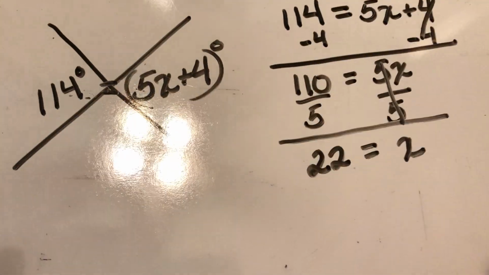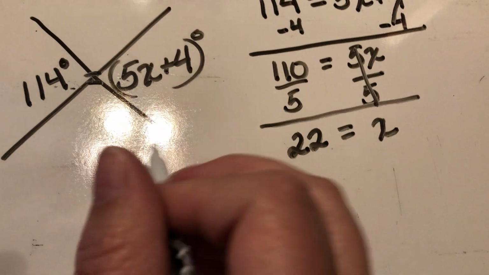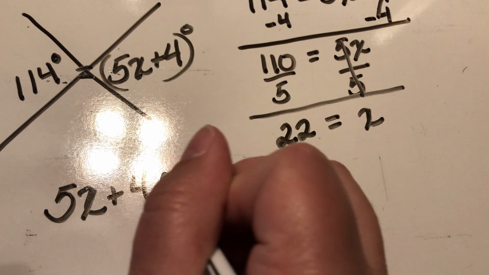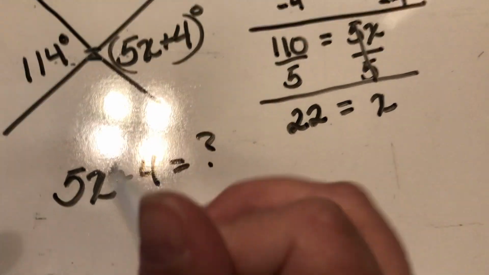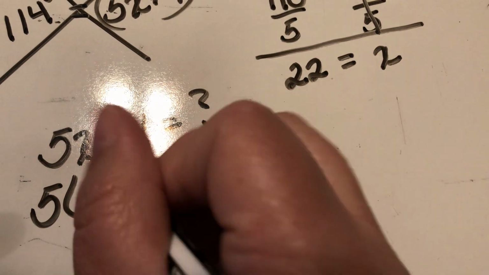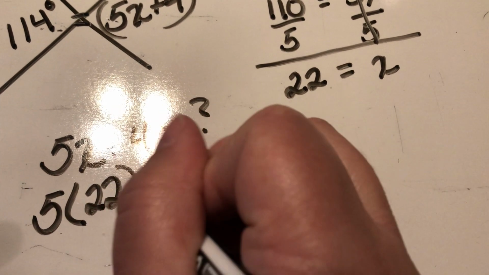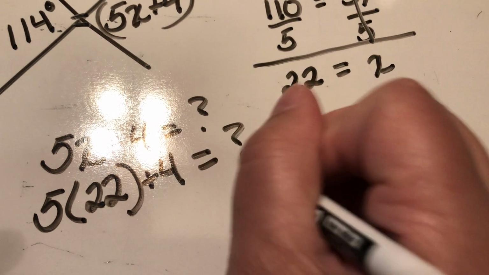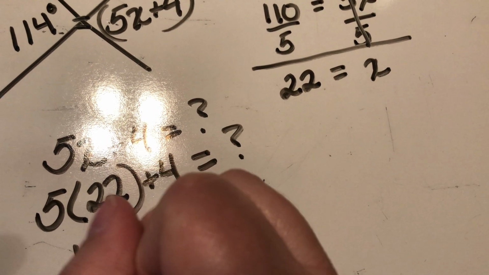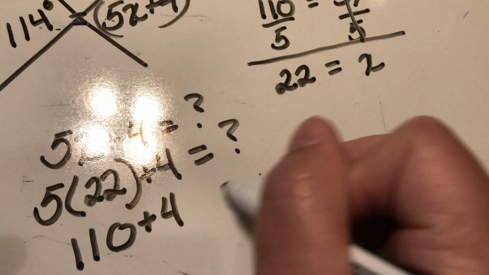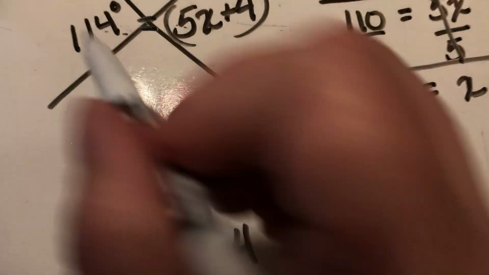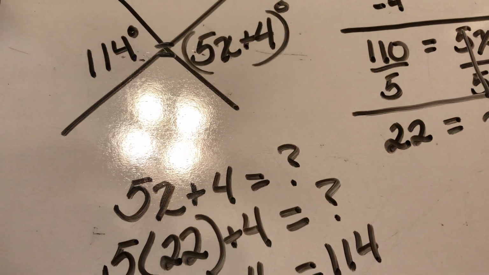Now I need to find out, what does 5x plus 4 equal? So I'm going to substitute for x. 5 times 22 plus 4 equals what? 5 times 22 gives me 110 plus 4, and that equals 114, which is what we have right here.